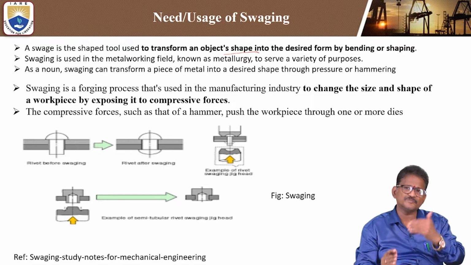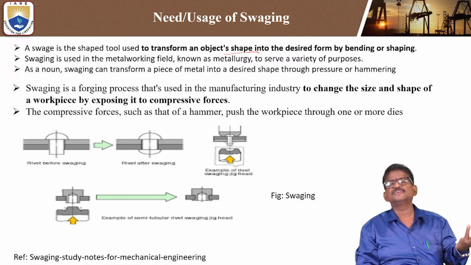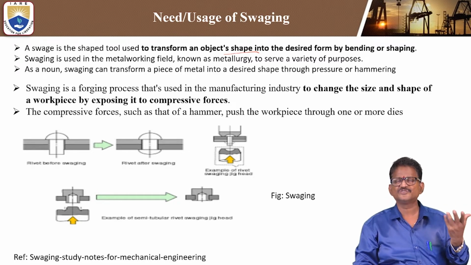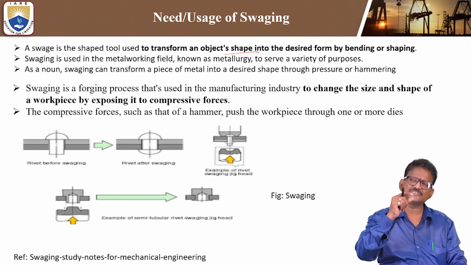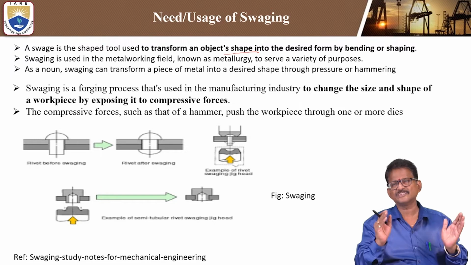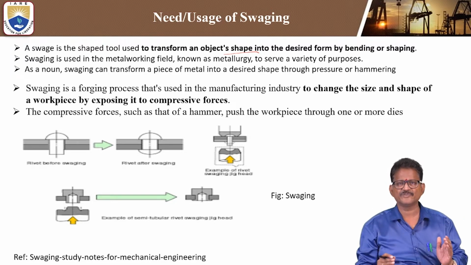If it is heated, less force is required. If it is not heated, as in cold swaging, a lot of compressive force repeatedly is required in order to have a certain size and shape of the workpiece.